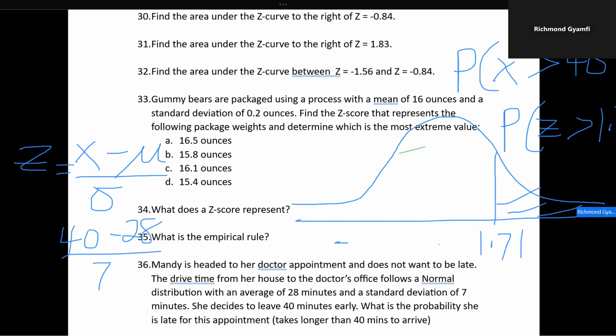Because we are looking at greater than 40, that's going to be to the right. Remember, it increases to the right, like a number line. So the probability that she's going to be late is the area to the right of 1.71. Okay? All right. So let's go to our table and find that.